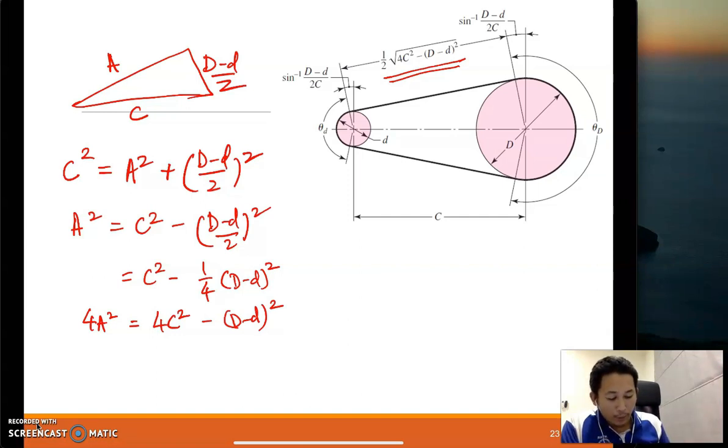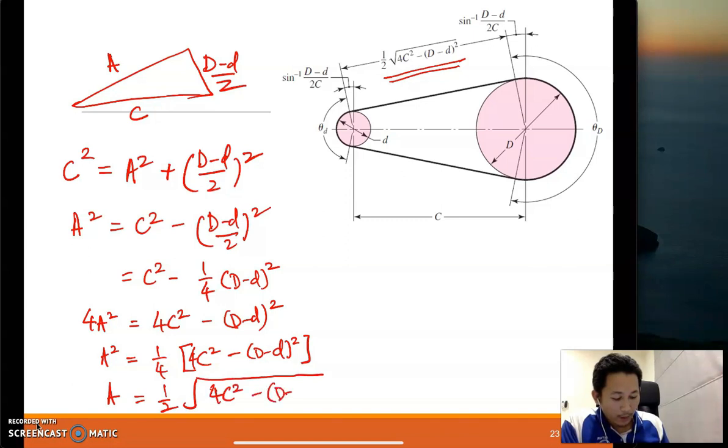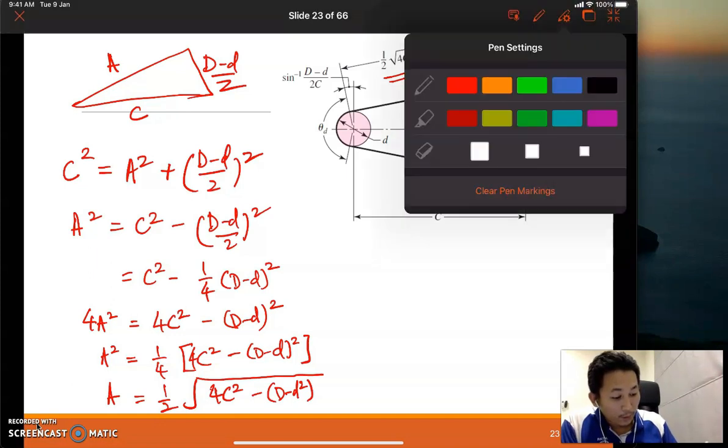So from A square we have 1 over 4 times 4C square minus D minus d square. Then A equals 1 over 2 times the square root of 4C square minus D minus d square. Sorry, wrong notation.